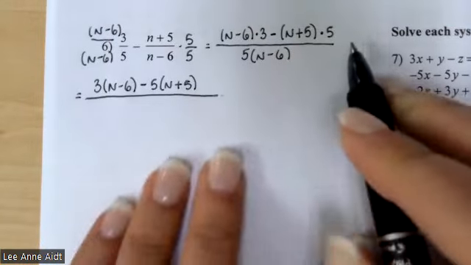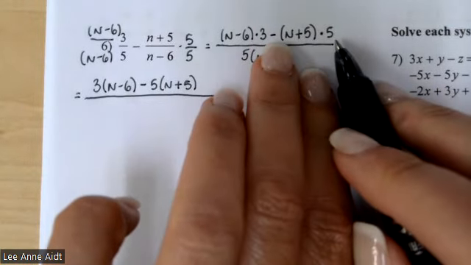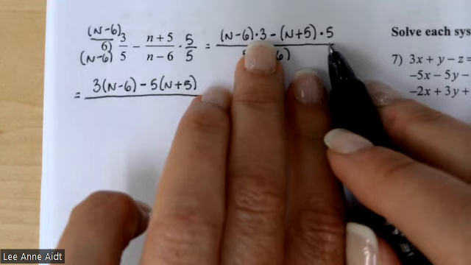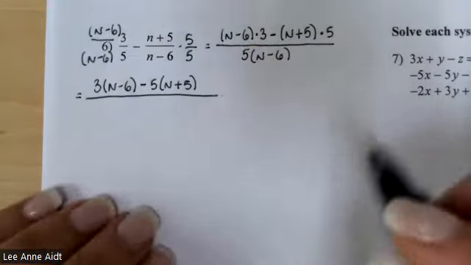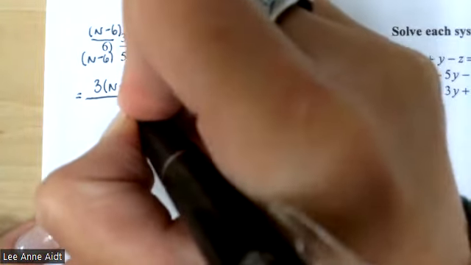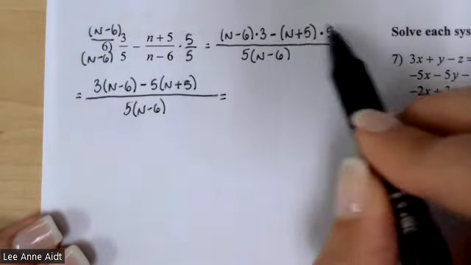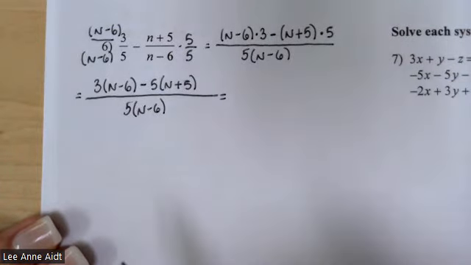Okay, the next step is really kind of unnecessary. I just took the numbers that I multiplied by, moved them in the fronts of the parentheses, just because I'm afraid that if you distribute this 5, you will forget about that negative.